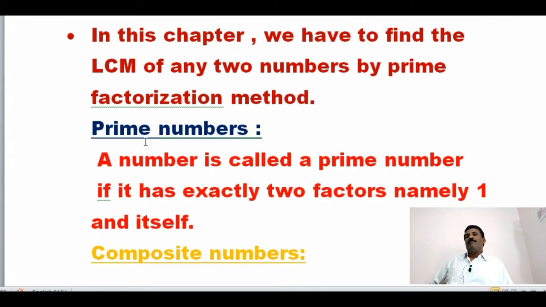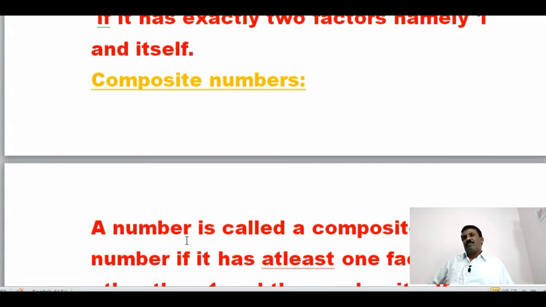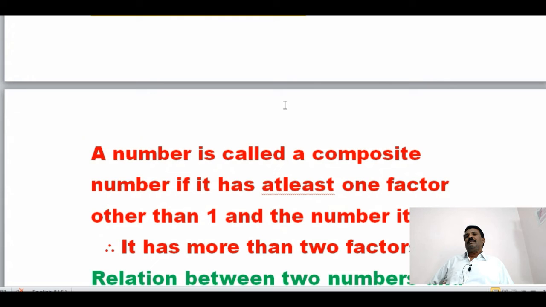So those numbers are called prime numbers. For example, 5, 7, 11, 13, 17, 19, etc. Those are called prime numbers. Next, what are composite numbers?